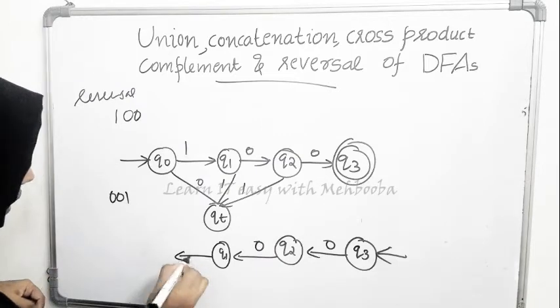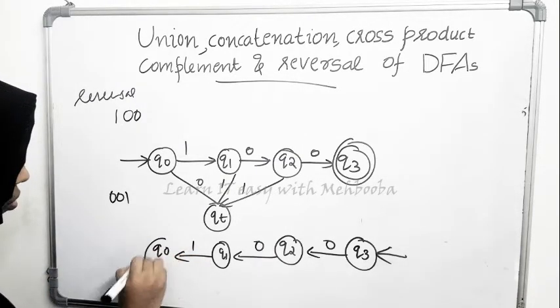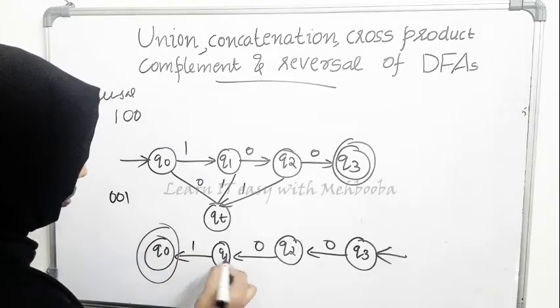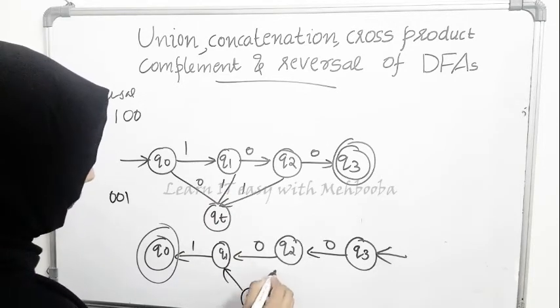So Q3 will become the initial state, Q0 will become the final state, and the direction of all the arrows is inverted.